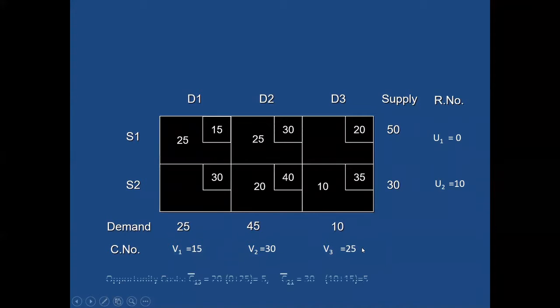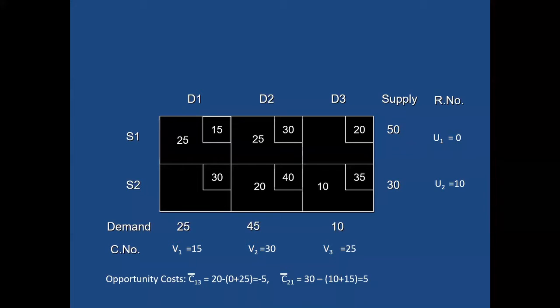So here you can see I have calculated the opportunity cost for both the cells. So C13 is 20 minus (0 plus 25), which gives me minus 5. Whereas for C21, we are getting 5 as the opportunity cost.